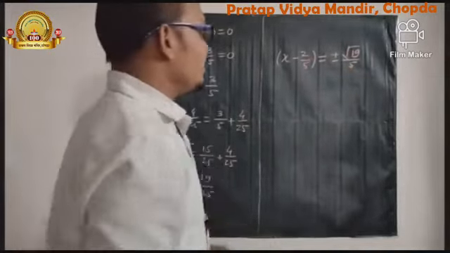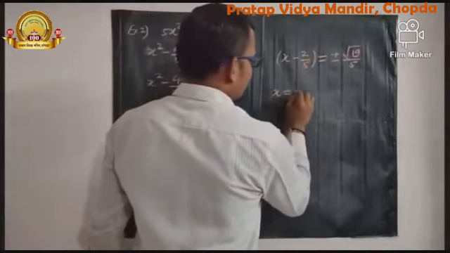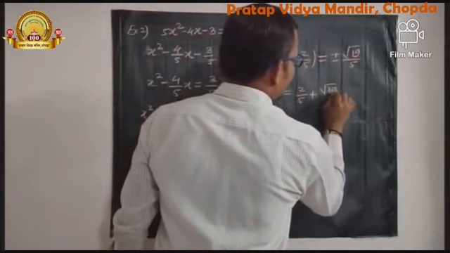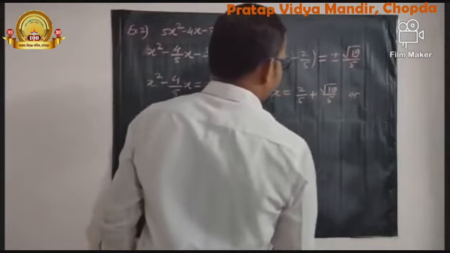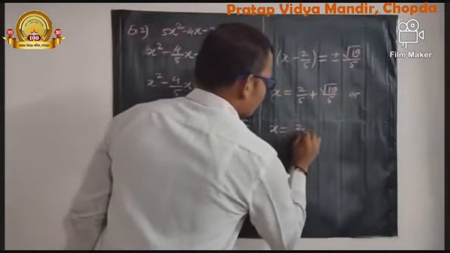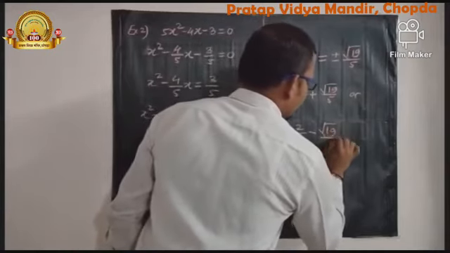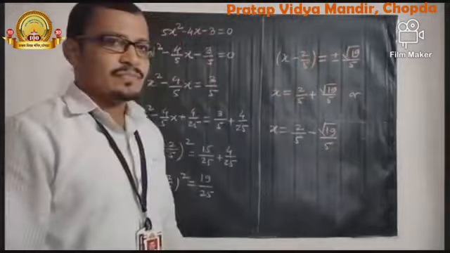Now we get the two solutions. x is equal to 2 upon 5 plus under root 19 upon 5, or x is equal to 2 upon 5 minus under root 19 upon 5.